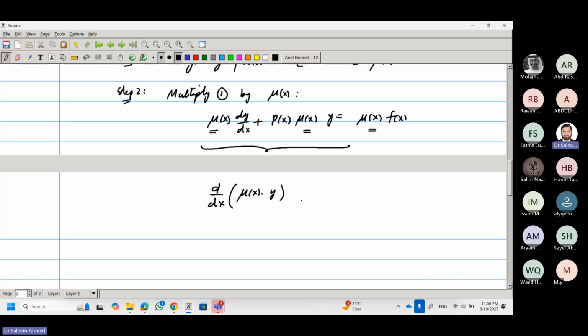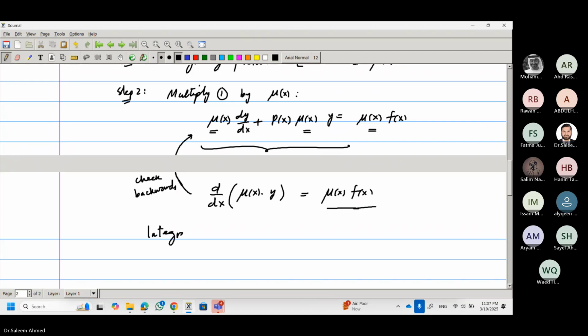So this is always true. And if it is not like that, you can check it backwards whether it's correct or not. And if this is the case, now it is a separable equation. There is only x on the right and this d is up front. So the last step is integrate.